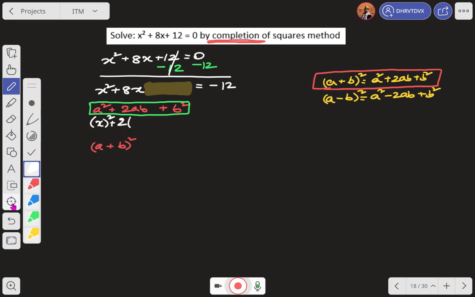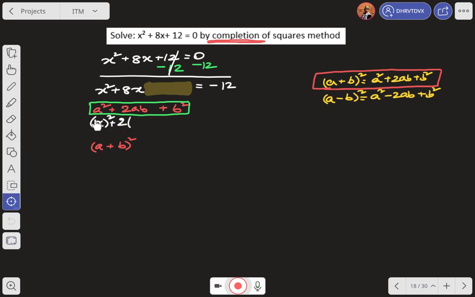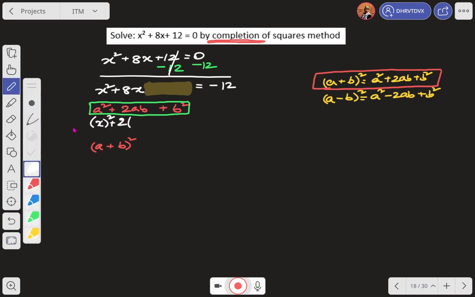We know that a square is x square, so the value of a is going to be x. So let me plug in the value of a as x here.